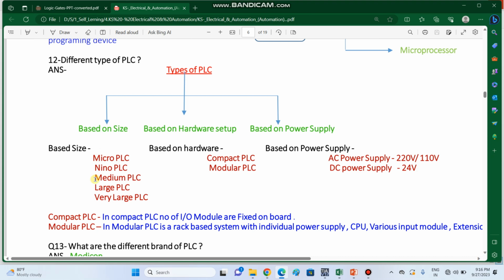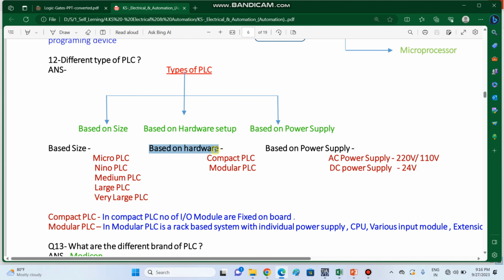Medium PLC has more input outputs than both micro and nano PLC. Large PLC has more than micro, nano or medium PLC. And very large PLC has the greatest number of input output modules. A very large PLC is a modular PLC, not a compact PLC.